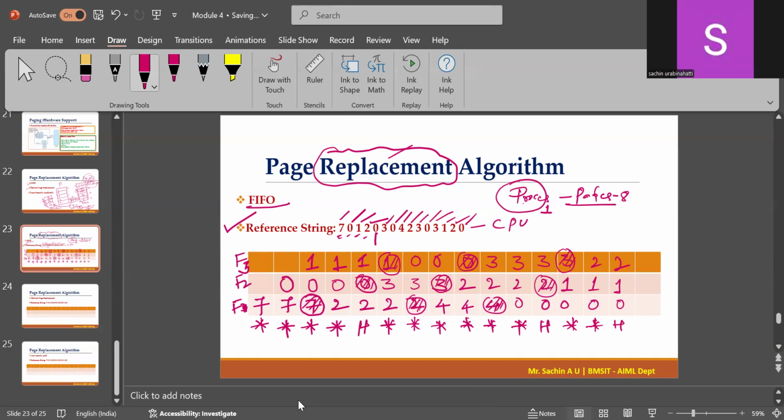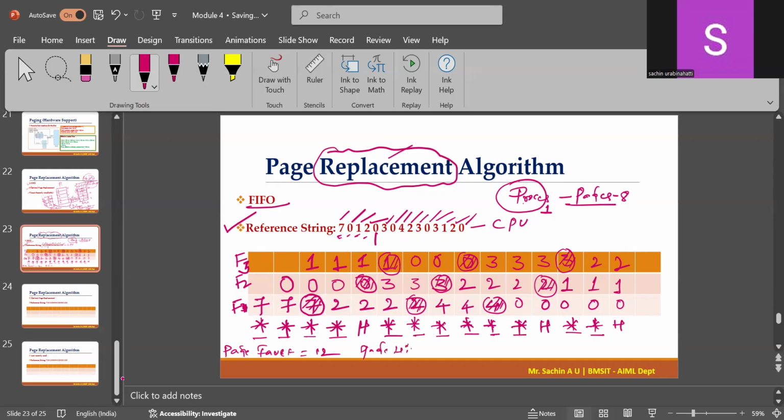So see here, how many page faults are there? 1, 2, 3, 4, 5, 6, 7, 8, 9, 10, 11, and 12. Okay. So total page faults are 12. And how many hits?